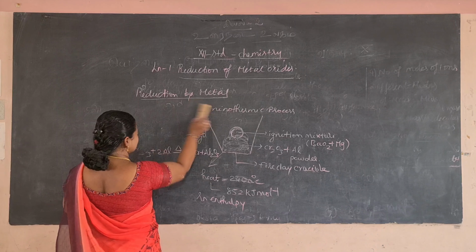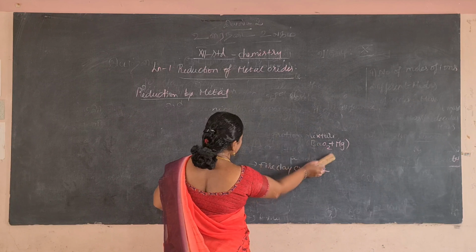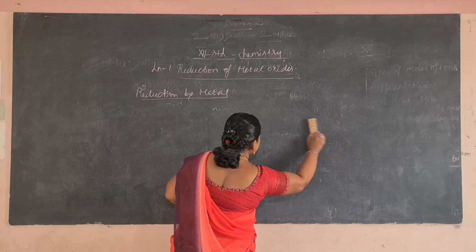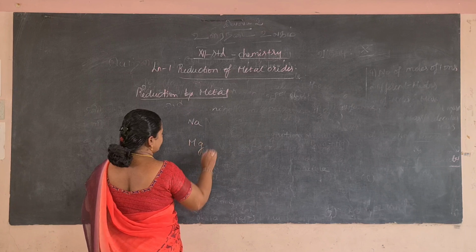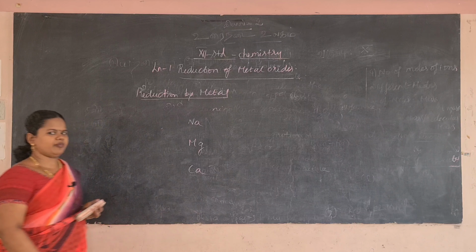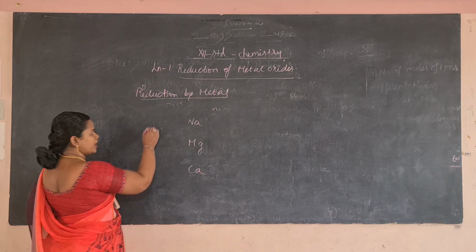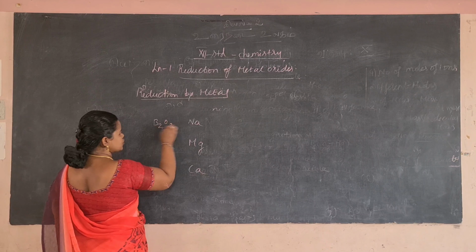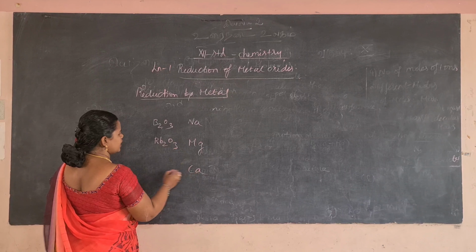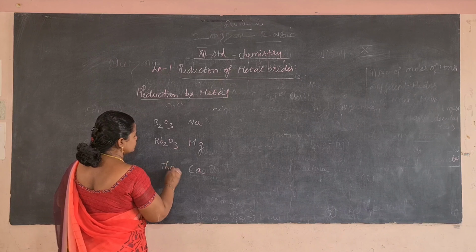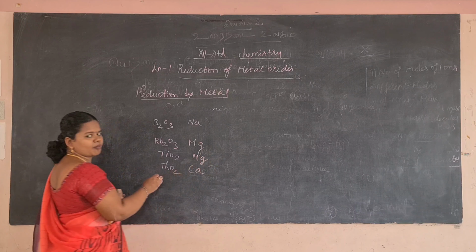Some other metal oxides can also be reduced using metals like sodium, magnesium, calcium and potassium. These metals can reduce oxides like B2O3, Cr2O3, and ThO2, and titanium dioxide can also be reduced using magnesium.